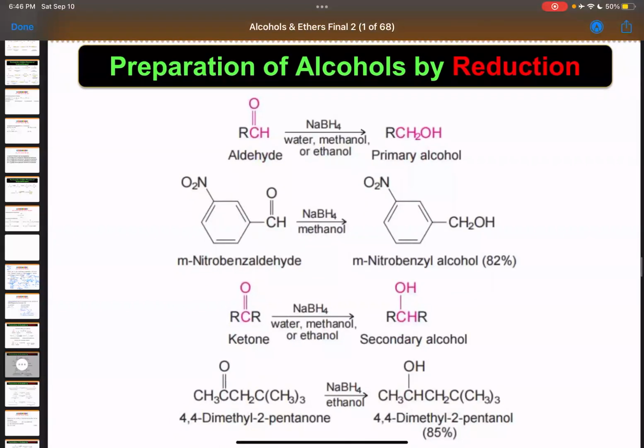What about NaBH4 and LiAlH4? Which one is stronger and which one is the mild reagent? What is the name for NaBH4?